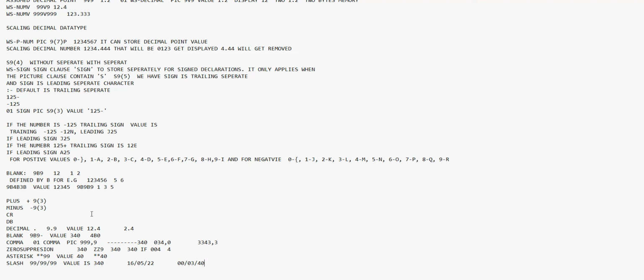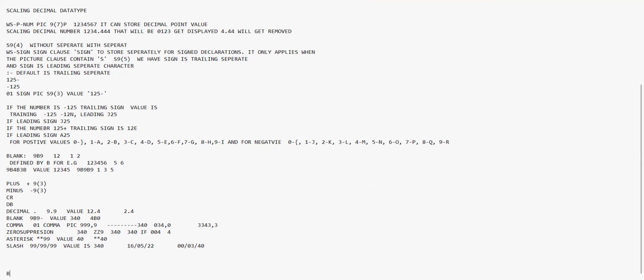For example, when we mention 9 of 2, 9 of 3 BLANK WHEN ZERO, if you mention this clause with the variable, for example 01 with BLANK WHEN ZERO in the picture clause, what it does is, if the value is 0, then it will simply give spaces.